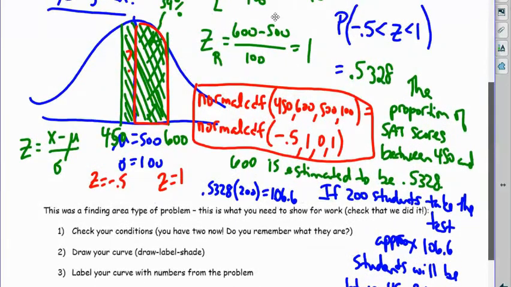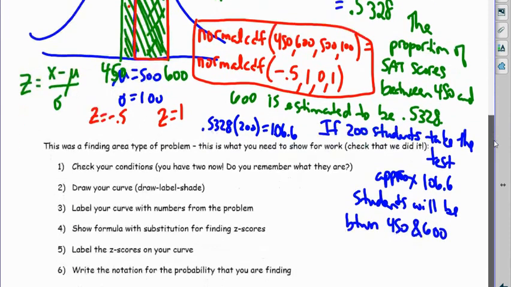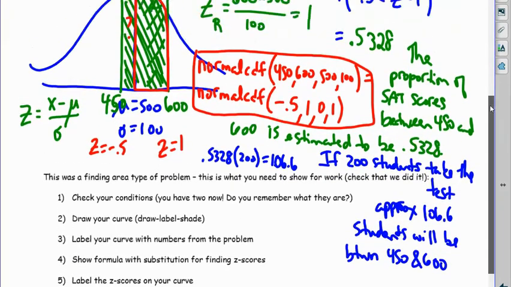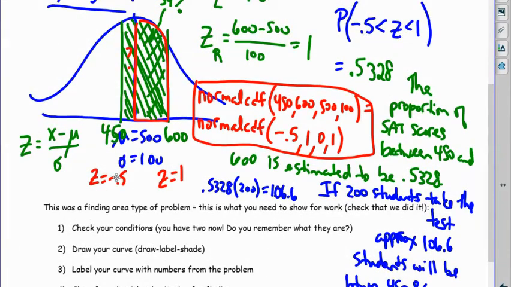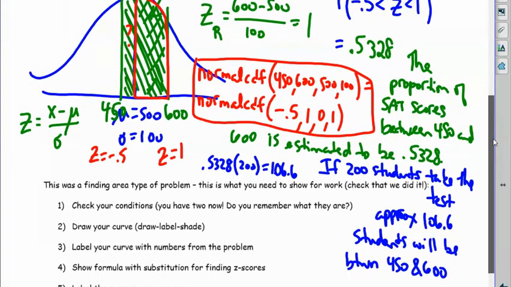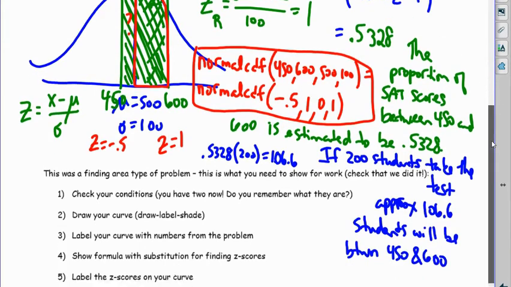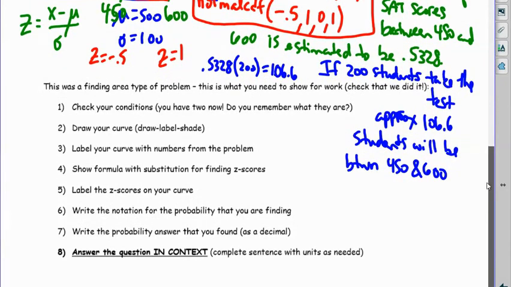I mean this right here. This is my work for finding the z-scores. Label your z-scores on the curve. That's a good idea. Write your probability notation. I like to write it with the z-scores since I've found them. You can, if you're going to use the x values, make sure this is an x. And write your probability as a decimal, write your answer in context. Complete sentences with units as needed.